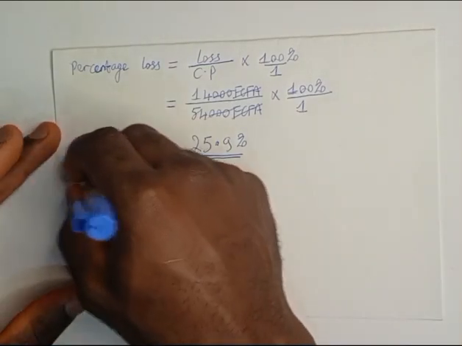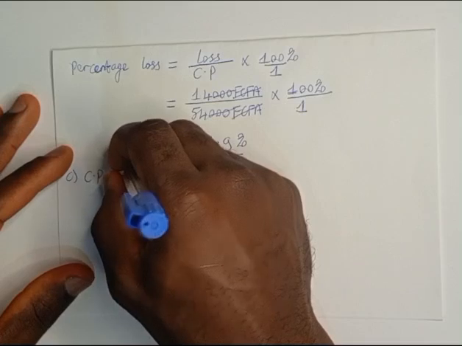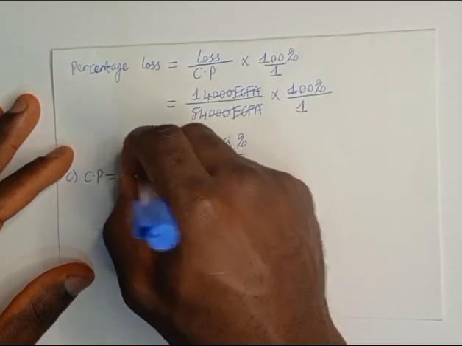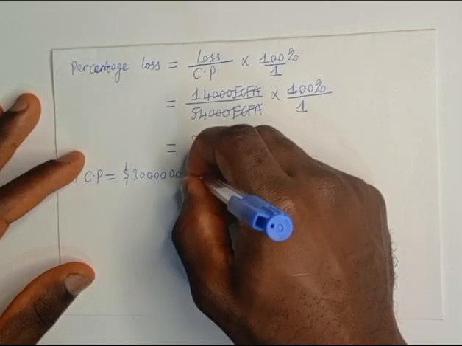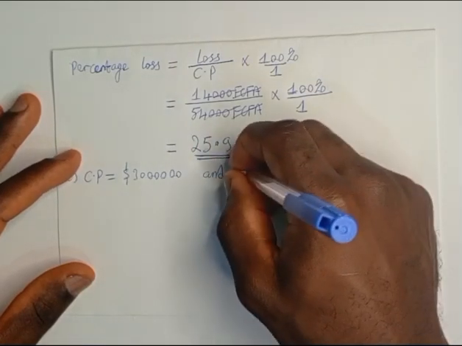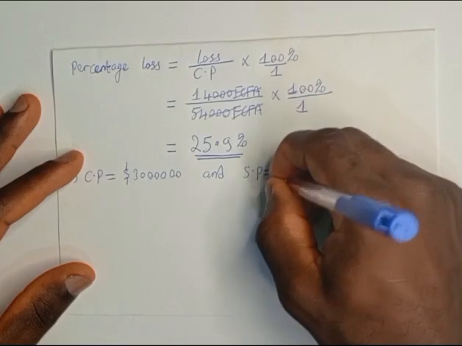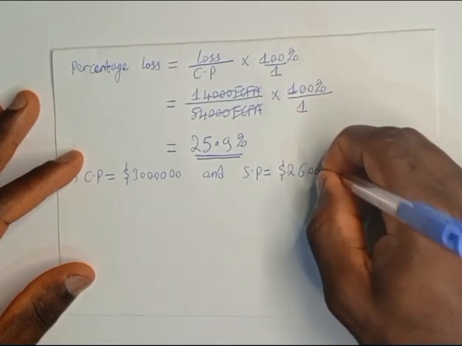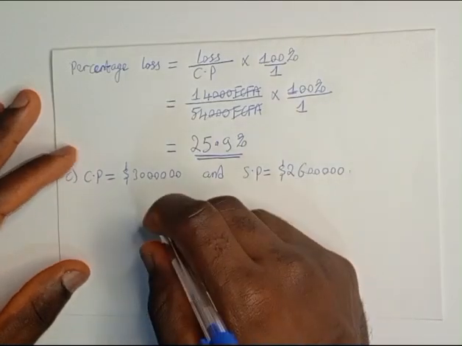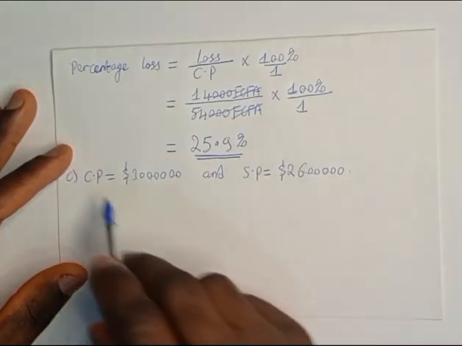We go to C. C, we have a cost price of $3 million and a selling price of $2,600,000. Comparing the cost price and the selling price, the selling price is less than the cost price.